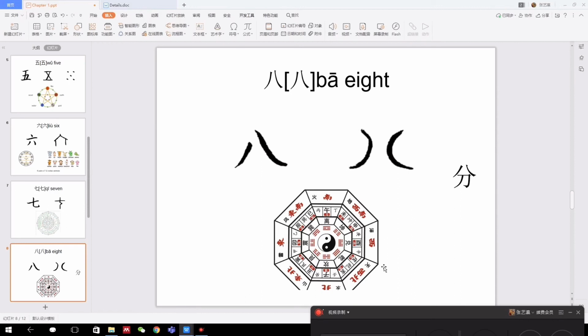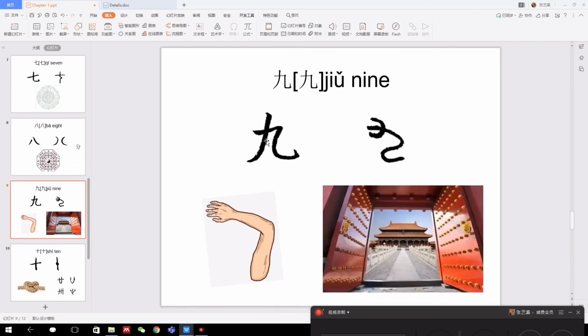And the next character is 9. It is of arm shape. It means extension and extreme. So 9 means the extreme number of 1 digit, because 9 is the biggest number among the 1-digit numbers.